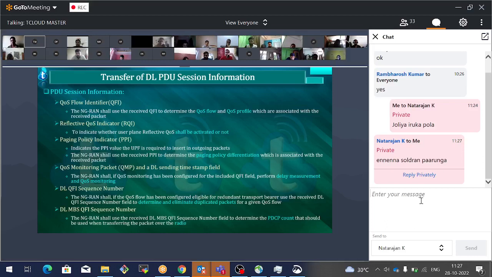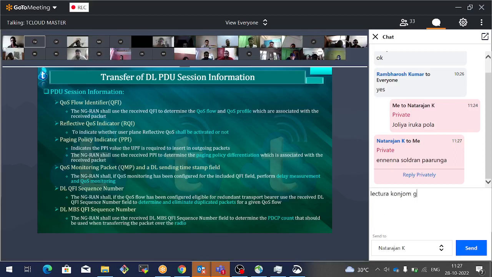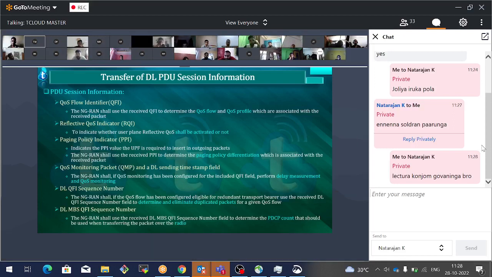What is the meaning of a timestamp? Right now, the time is 2022 year, 10th month, 28th date, 11:27 in the morning, and maybe 00 seconds and 995 milliseconds. Whatever that whole timestamp is, it would be appended. Once it is received at the mobile, it will do the comparison.